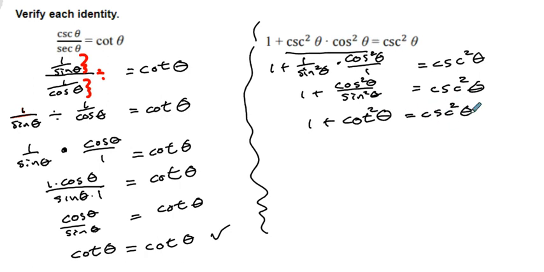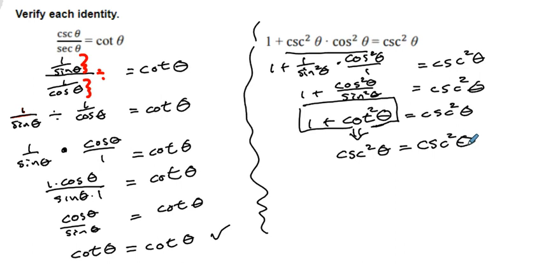And you actually have just written down one of your theorems, but just to show that we want one side equal to the other side, we will use that theorem to show that this is equal to cosecant squared. And then you get cosecant squared theta is equal to cosecant squared theta. And you have your official identity, and there you go.